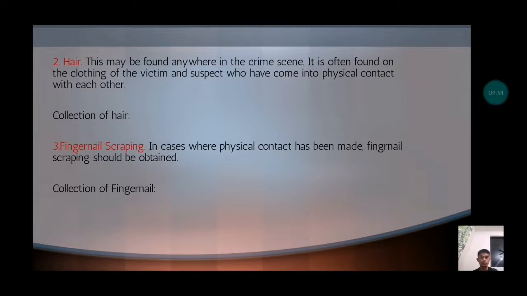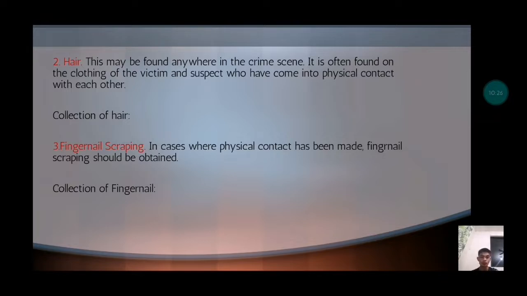In rape, the victim may scratch the suspect while resisting or fighting back, and in assault, they fight back. So this is a good example. Items sometimes found under fingernails include fibers, hairs, and skin, which may be typed for blood groups.